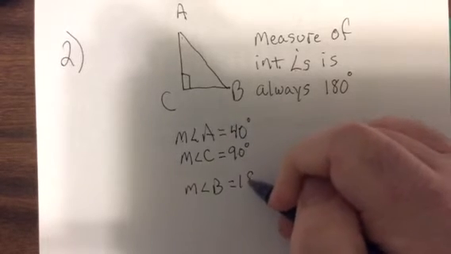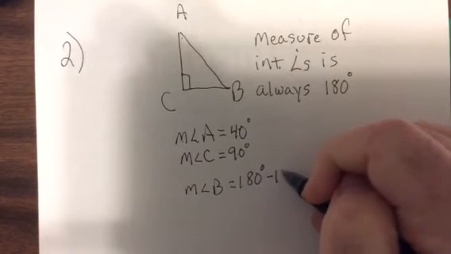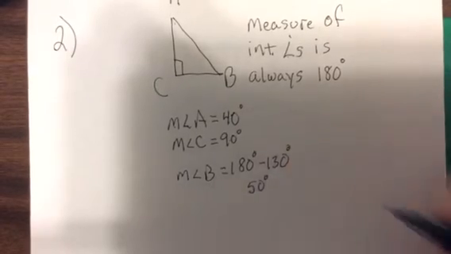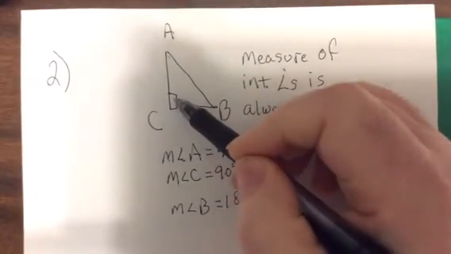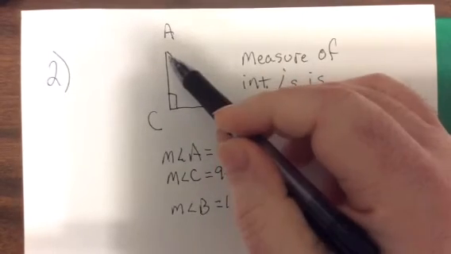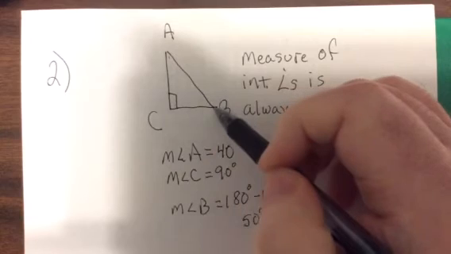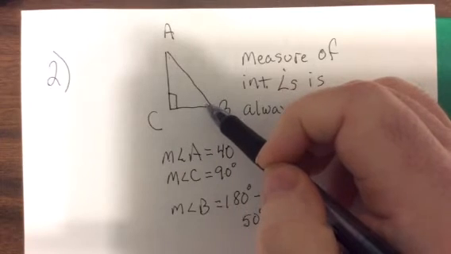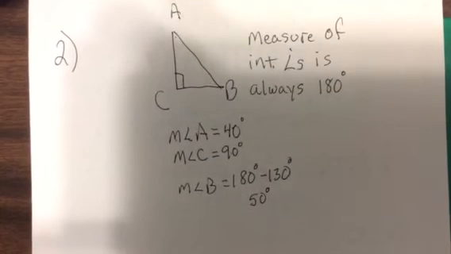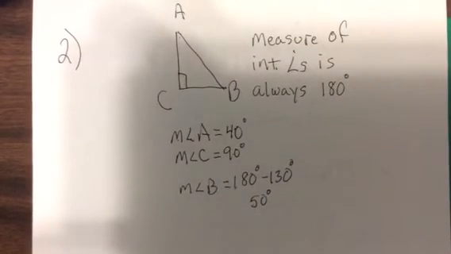So it'd be 180 minus 130, which is 50. Now, if this one's a right angle, this is 90, then these two angles would have to be complementary, add up to 90. So if one is 70, the other has to be 20. But the rule about 180 is true about any triangle. Any triangle I have has to be supplementary, the interior angles.